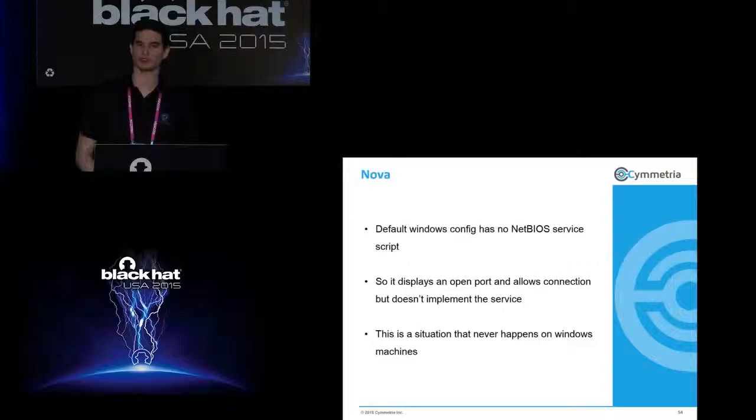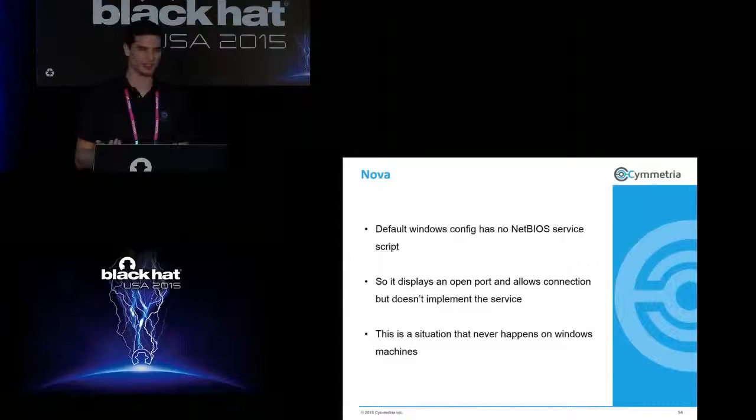So the default Windows config has a known issue: it lacks a NetBIOS service script, right? If you're looking at the scripts implementing the services, it doesn't have a NetBIOS one, and Windows always has a NetBIOS one. It would have made sense if the port was closed, because then maybe it's a firewall, but the port is open, so you're connecting to the NetBIOS port, and nothing is interacting with you as soon as you're talking to it.